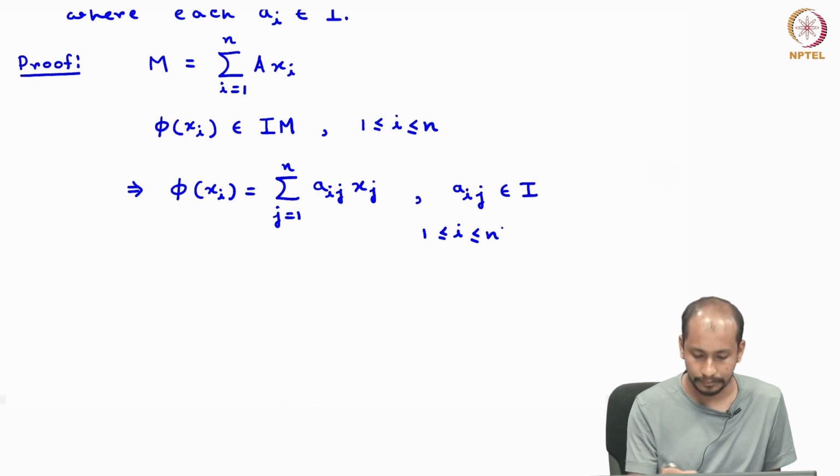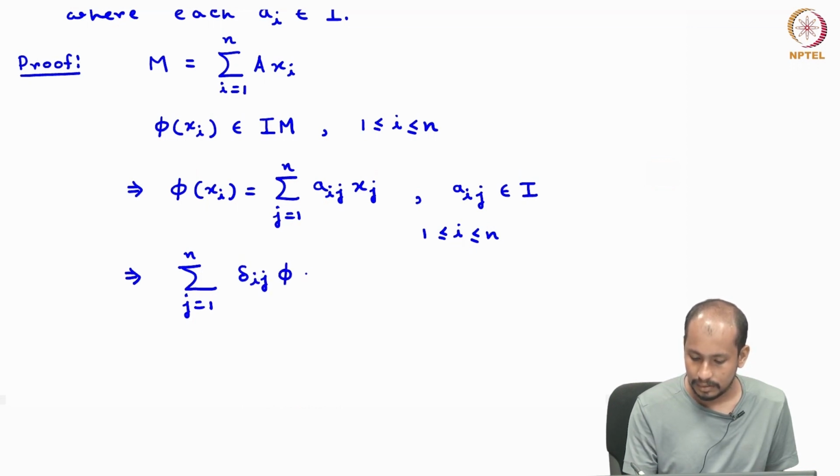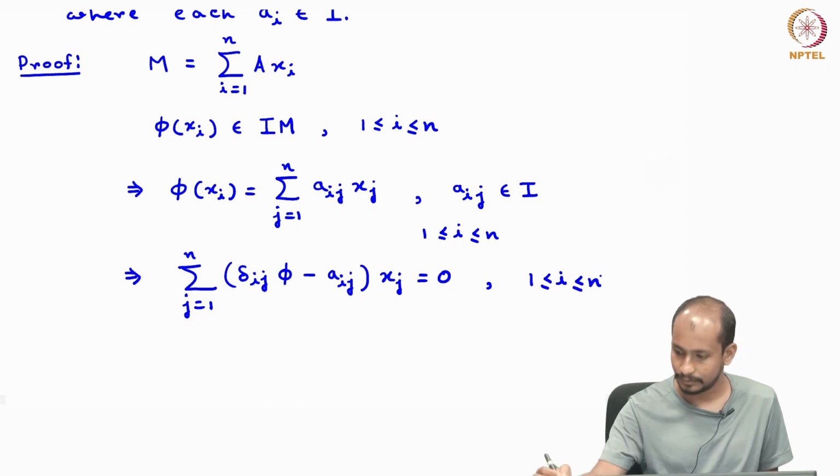Now we can rewrite this expression as summation, j runs from 1 to n, of delta ij phi minus aij, applied to xj, equals 0. This is true for each i from 1 to n.